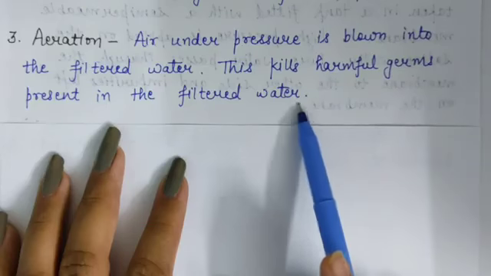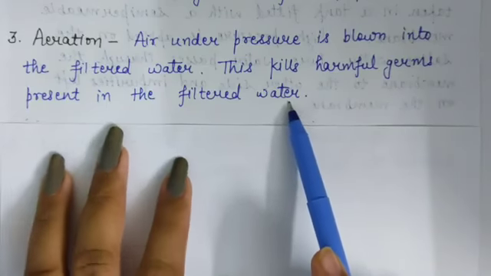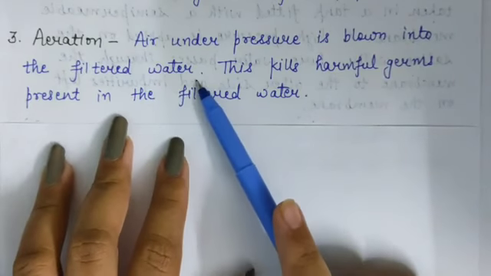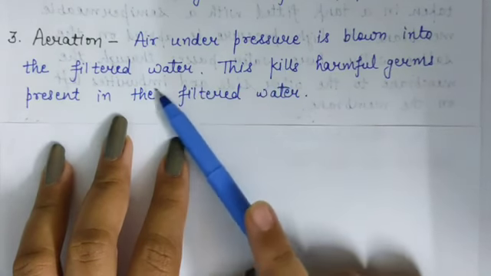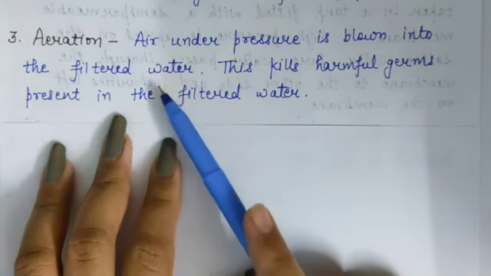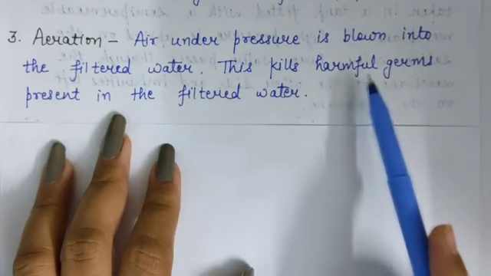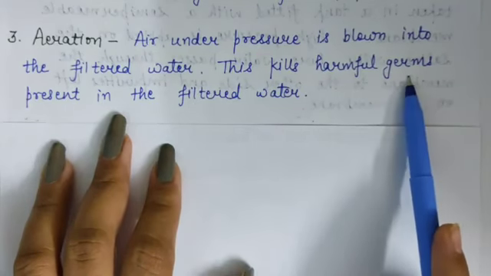in the filtered water. Means when high pressure air is blown into the filtered water, in the second step, we have filtered the water, and when the high pressure air is blown into the filtered water, then it kills harmful germs.